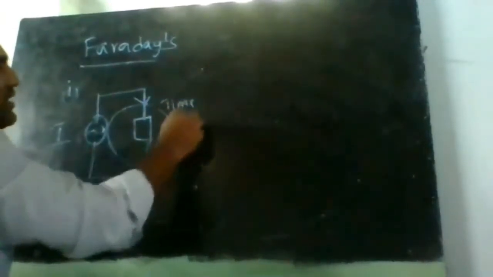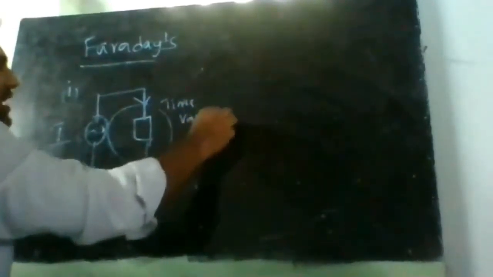This AC current, because it is changing with time and the charges are moving, will produce a time varying magnetic field.